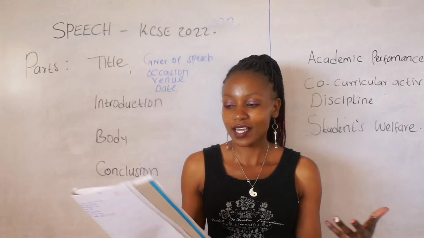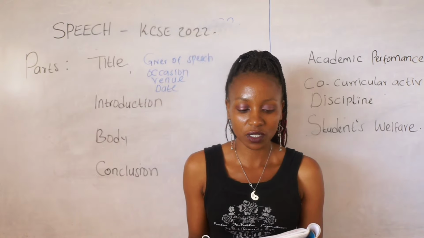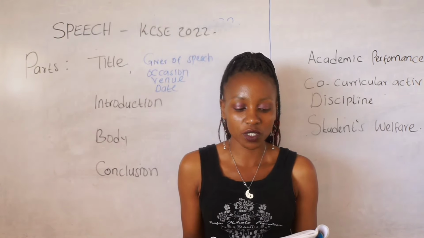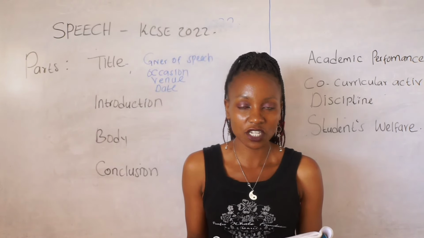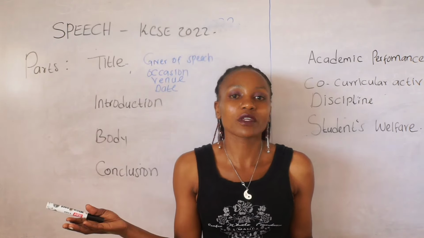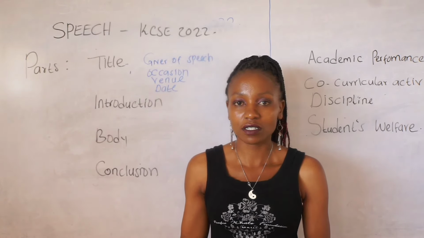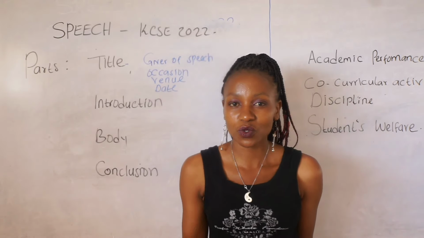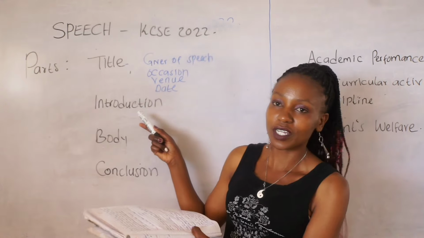You want to know that only 3 parties have been mentioned. We go back to the question. Expected guests include the County Director of Education, parents, and members of the School Board of Management. And you know, the principal has to be there, parents, students, and maybe some other guests. So it's up to you to use your reasoning to come up with a good introduction.